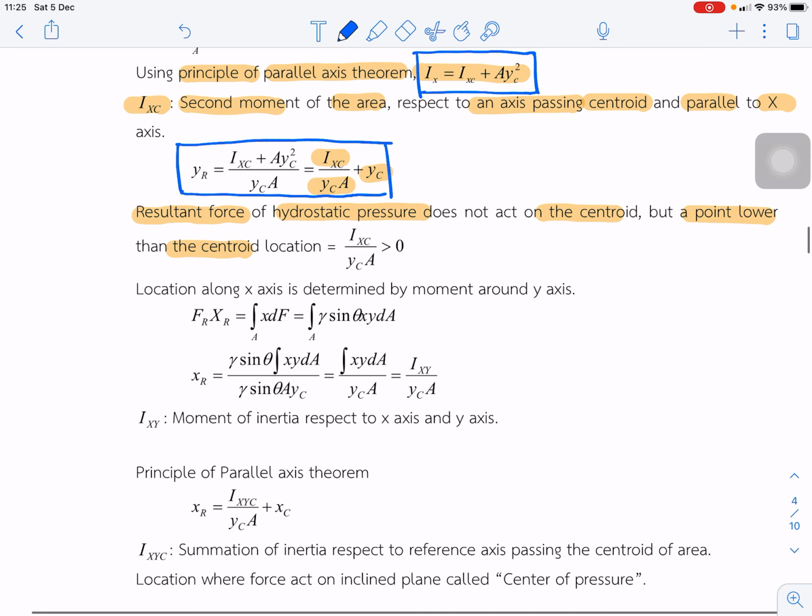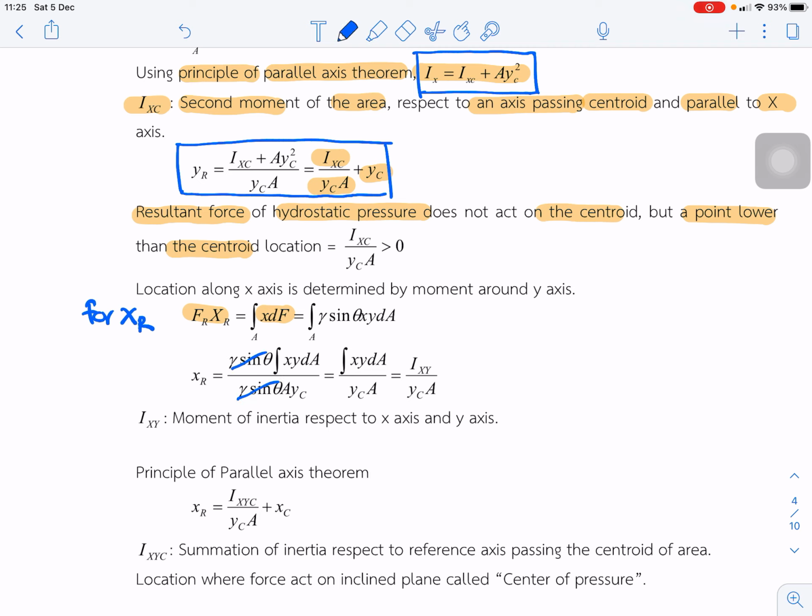Next, for xr, the location of this resultant force on the x-axis, we can find it in a similar fashion: FR times xr is the integration of x dF. You can do the integration and this term can be cancelled.